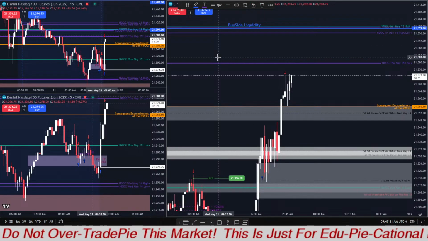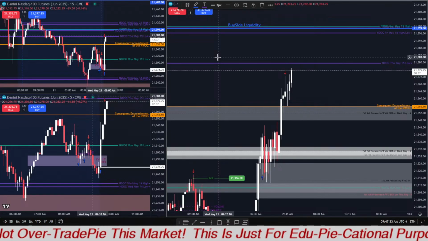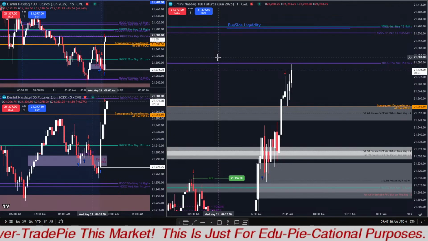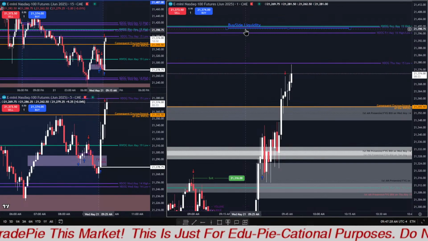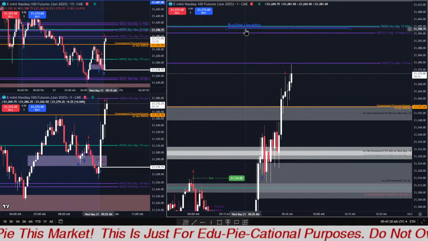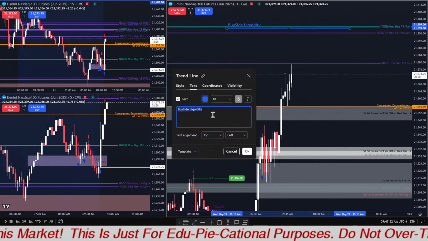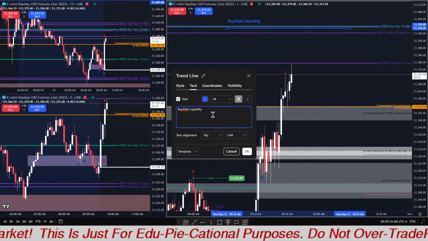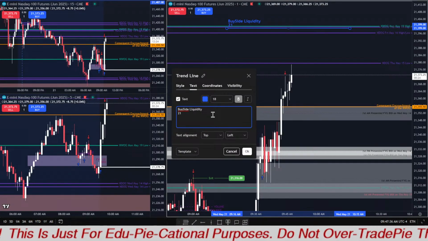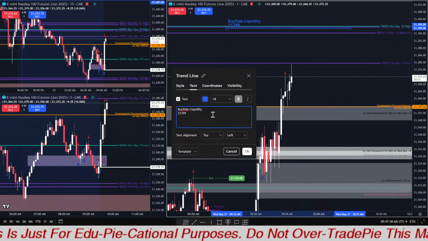And we can cancel this horizontal line. This is the buy side liquidity from the price. Also I can write 21,399 even.